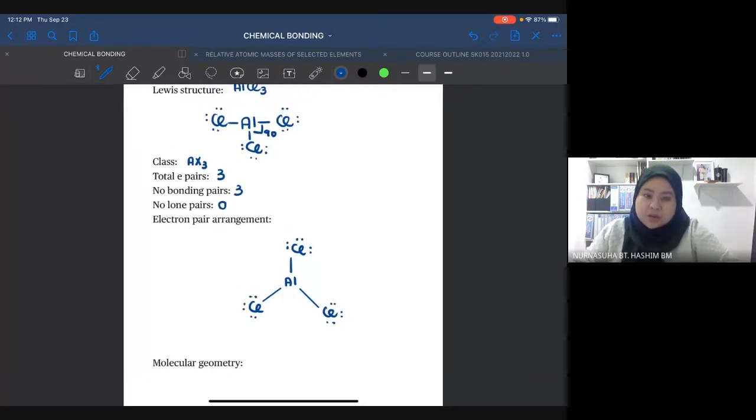Okay, so basic shape dia adalah Trigonal Planar.